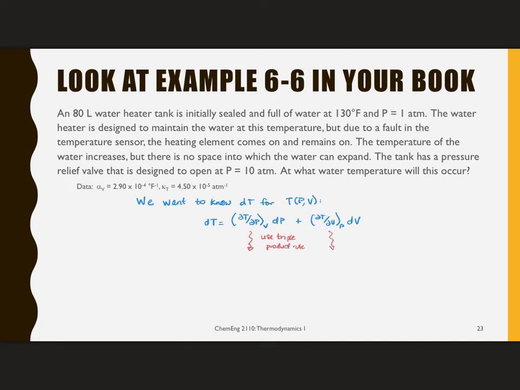To evaluate (dT/dV) at constant pressure, they use the definition of alpha sub V, which gives alpha sub V times V. They use that, and then they get to a form where they have dT as a function of things that are all measurable.